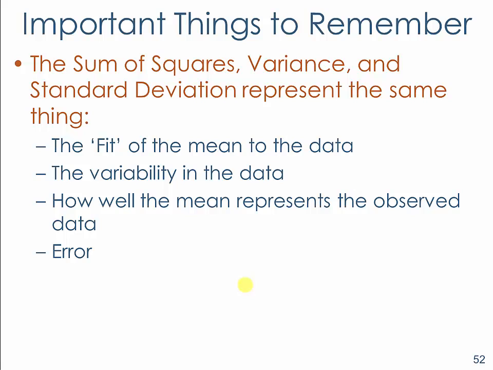And by the error, if you remember, when we were doing the sum of squares calculation, which also feeds into the variance and the standard deviation, we took each observation x and subtracted from it the mean value. So that was the deviance, or the error, between each observation and the mean, and that's where the term error is given. We get some information about the error from our sum of squares, variance, and standard deviation.